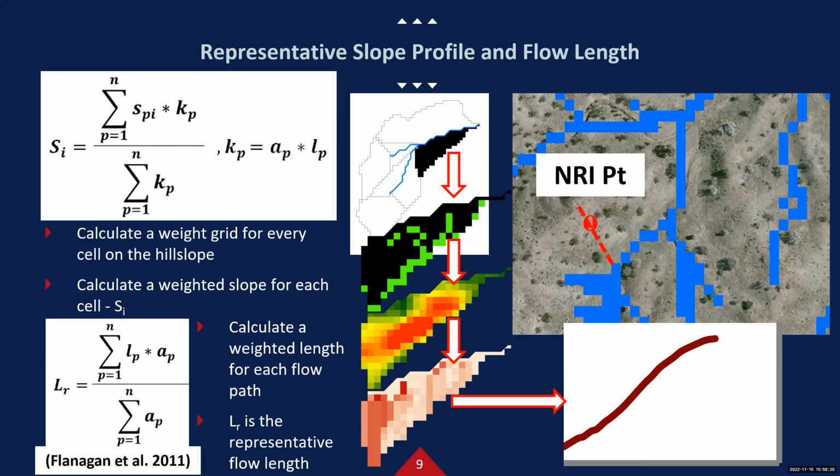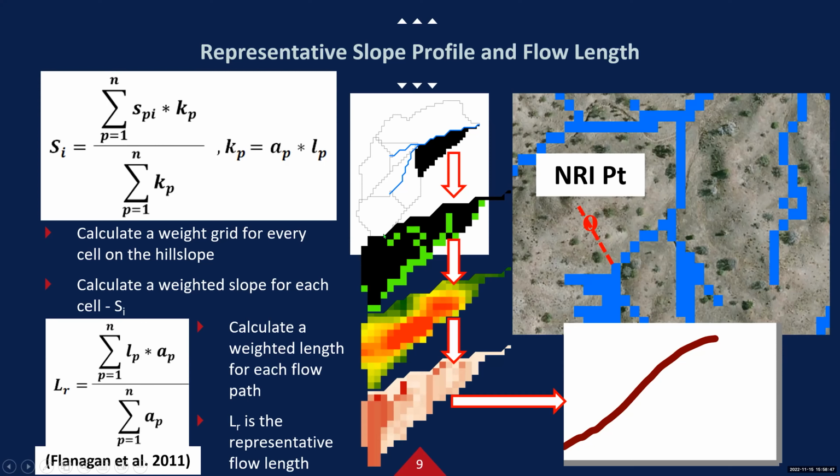And the method that Flanagan came up with basically looks at all of the elements contributing to a channel. These are all hill slope elements. And you'll notice some flow paths are really short and some flow paths are a lot longer. And what this method does is trace all of the flow paths from the top of the element down to the channel.